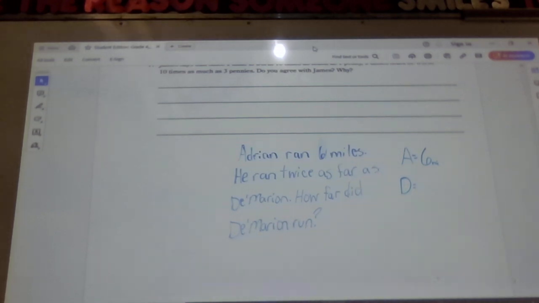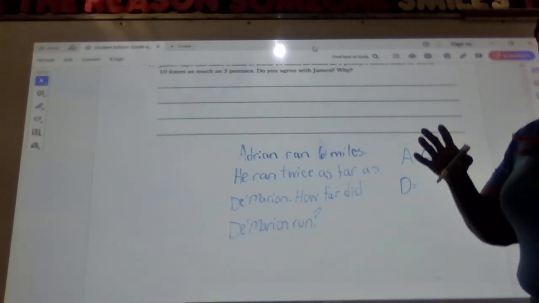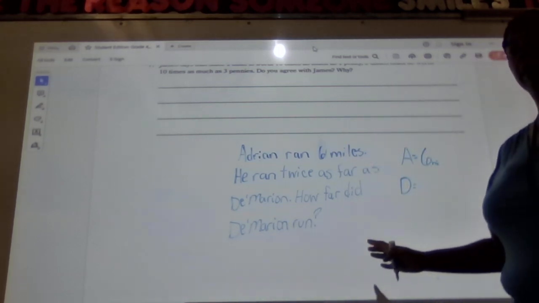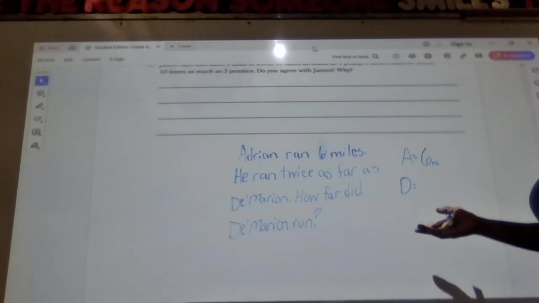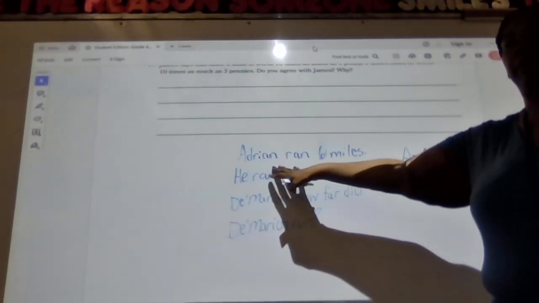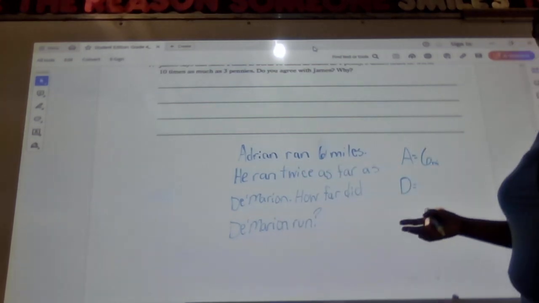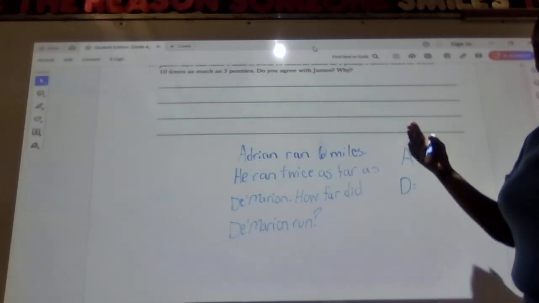Okay, next sentence. He ran twice as far as Demarion. Now this is where we were getting tripped up in class, because we're saying, well, who is the he? Who did the paragraph start talking about? What person came about first? Adrian. So rather than saying Adrian ran twice as far, his name has already been mentioned, so they said he. Okay, we just finished talking about Adrian, and we're still talking about Adrian.